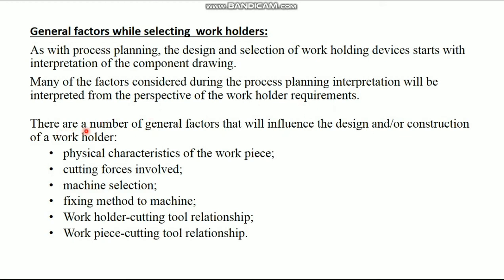There are a number of general factors that will influence the design and or construction of a work holder. That is, physical characteristics of the workpiece, cutting forces involved, machine selection, fixing method to machine, work holder cutting tool relationship, and workpiece cutting tool relationship.